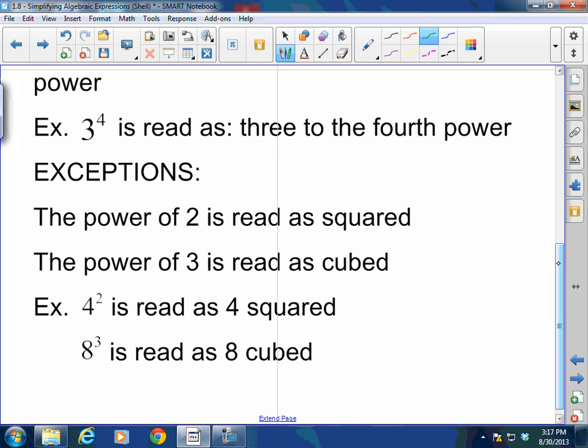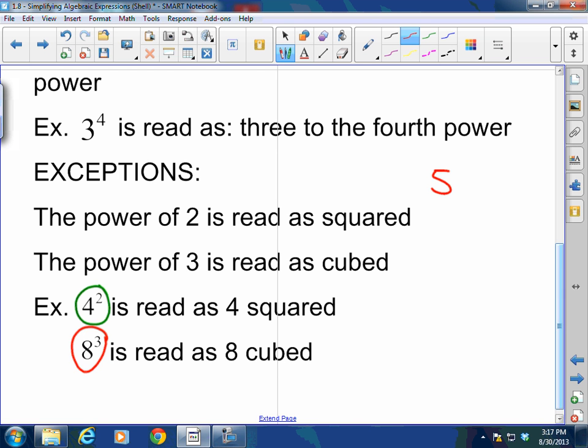The power of 2 is read as squared. The power of 3 is read as cubed. So 4 to the 2nd power, I could read as 4 squared. 8 to the 3rd power, I could read as 8 cubed. Those are the 2 exceptions. Everything else is just to that power.